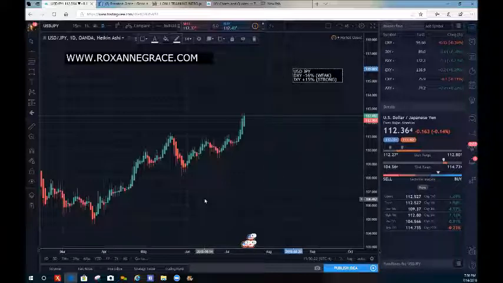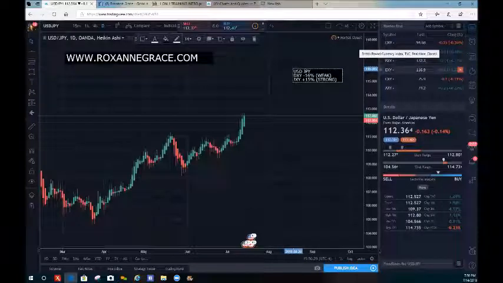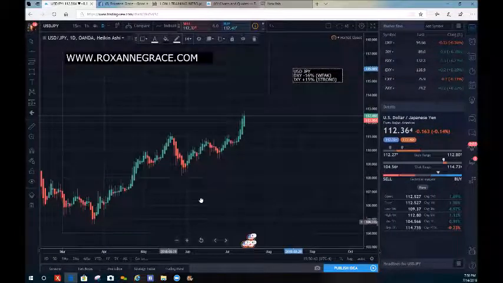Now if both currencies are weak, let's say for example over here, the BXY is at 23 and the EXY, which is the euro, so that's euro and Great British pound, if they're pretty much at the same level, right? One's at 23, one's at 20. You guys, that market right there is probably in consolidation.